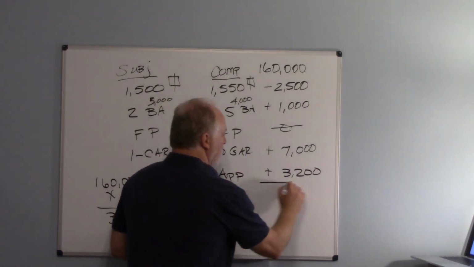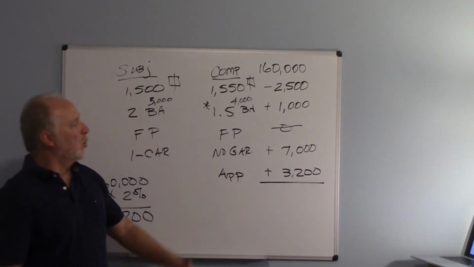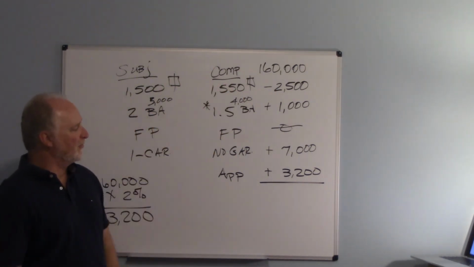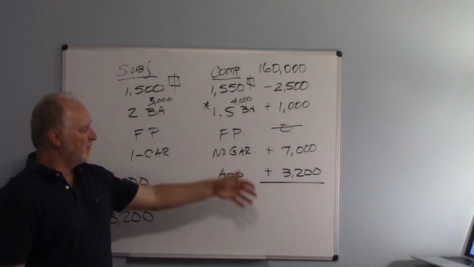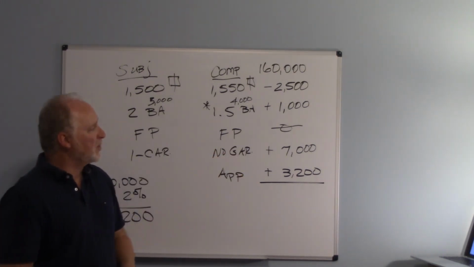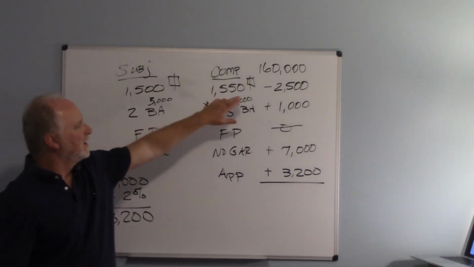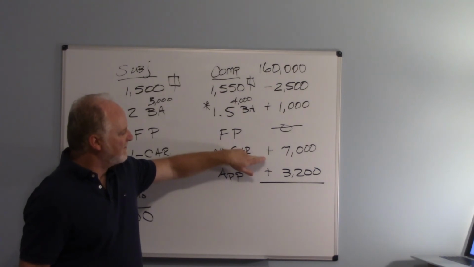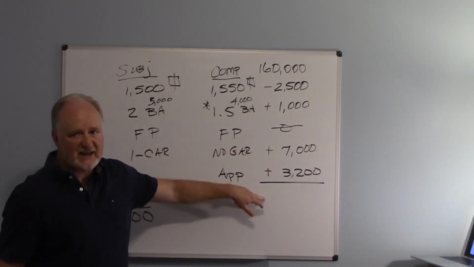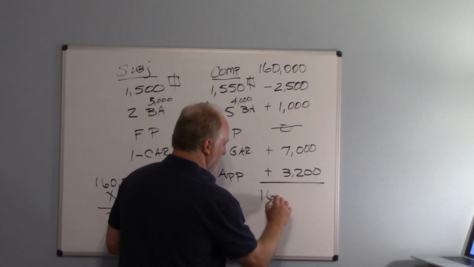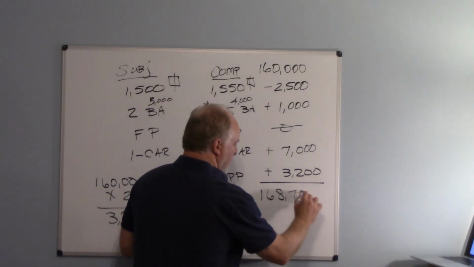Now just follow your signs. 160 minus 2,500 plus 1,000 plus 7,000 plus 3,200. Let's see, I'm going to do it in my head, Lisa, while you're doing it on the calculator. 157.5, 158.5, 165.5, 168.7, 168,700 is your answer.